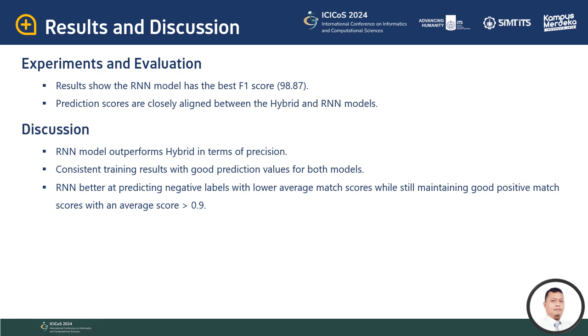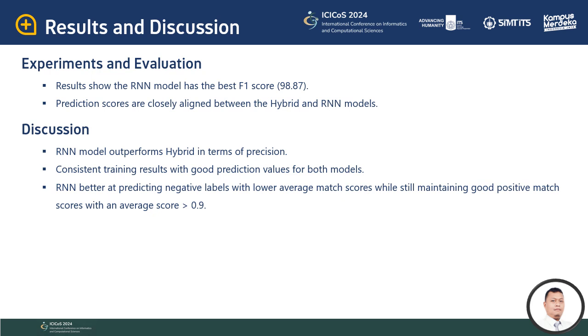Let's start with the experiments and evaluation. Results show the RNN model has the best F1 score with 98.87. The prediction scores are closely aligned between the hybrid and RNN models. In discussion, the RNN model outperforms the hybrid model in terms of precision.